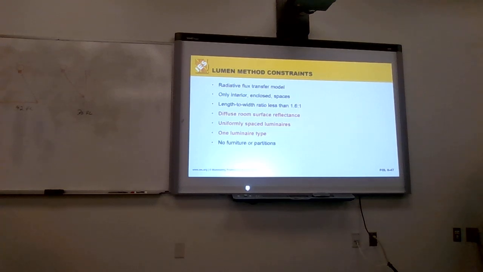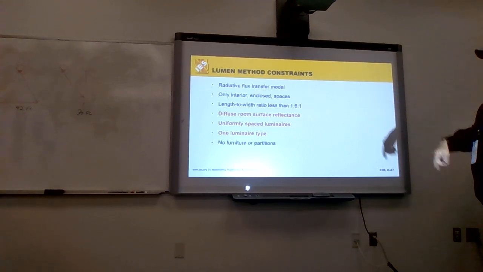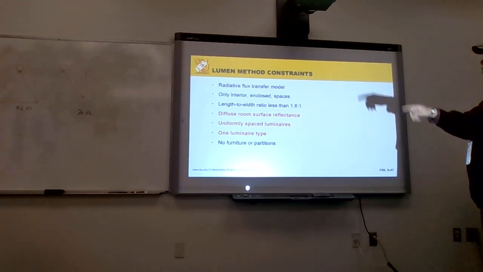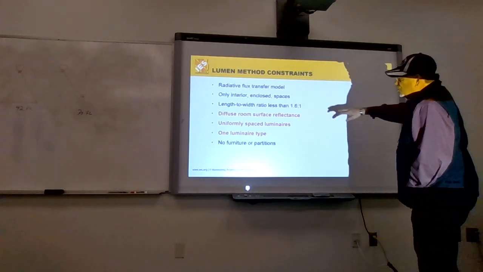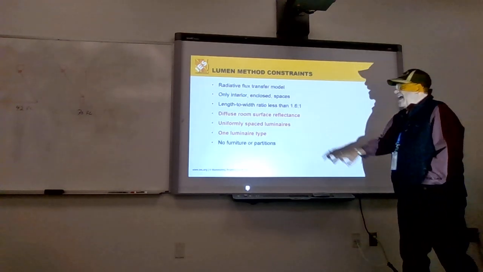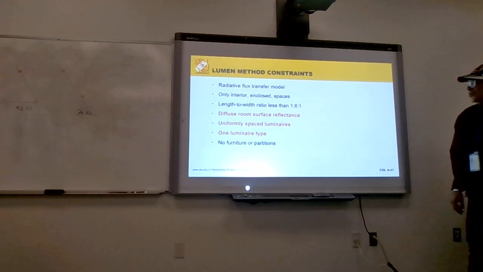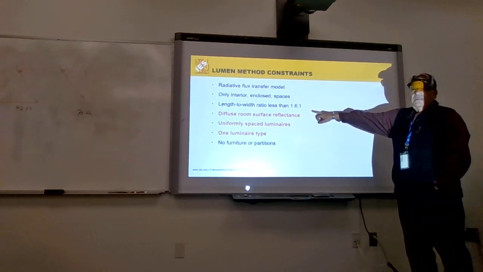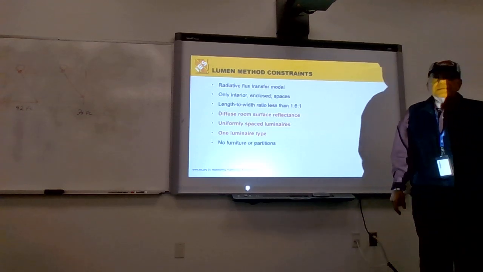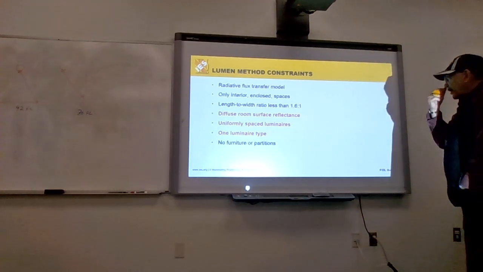So here are the constraints to our model. Radiative flux transfer model can only be used in interior enclosed spaces. The length to width ratio has to be less than 1.6 to 1. Okay? If it exceeds that, then our model is not going to be accurate. All right?